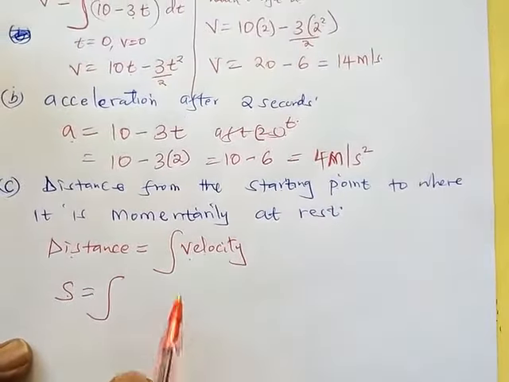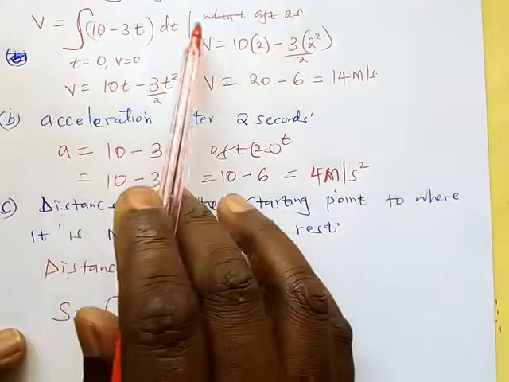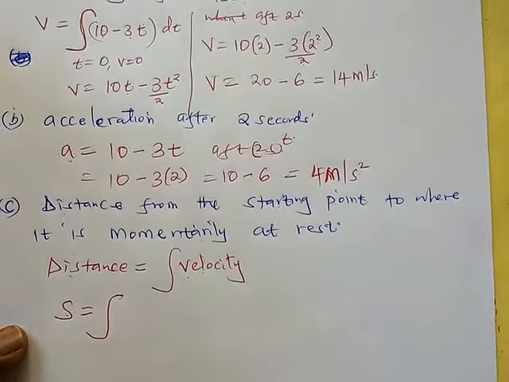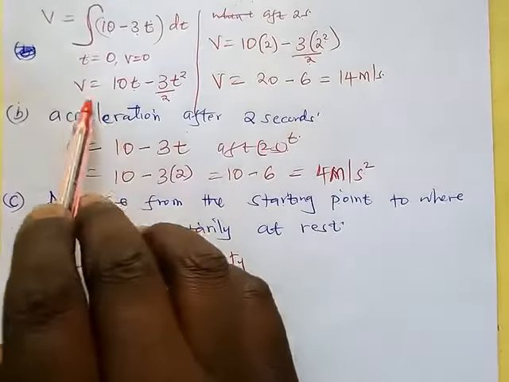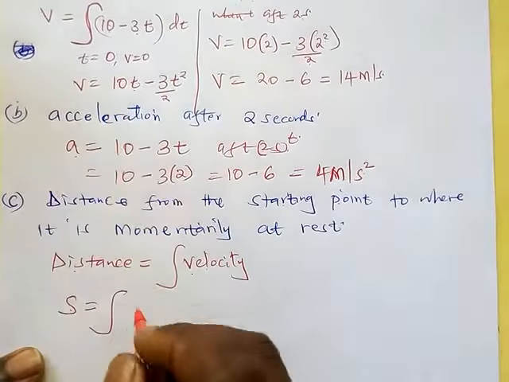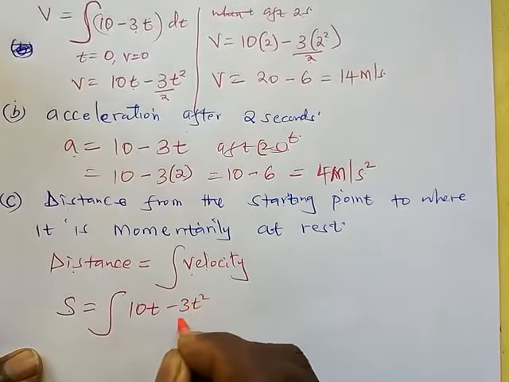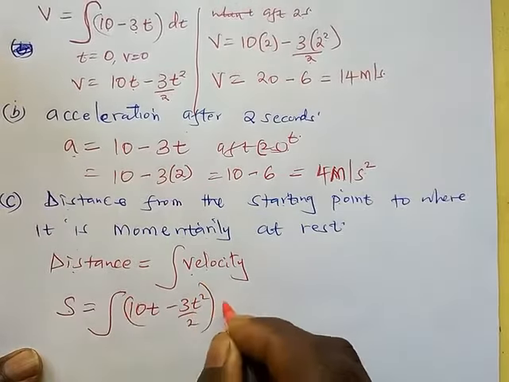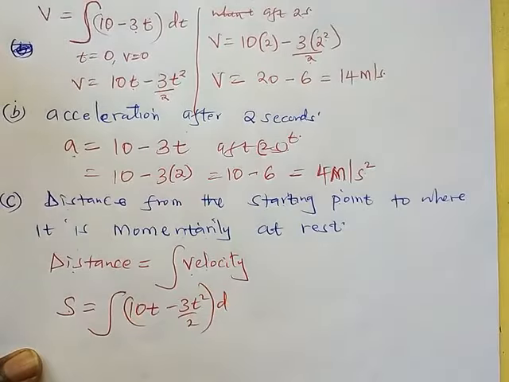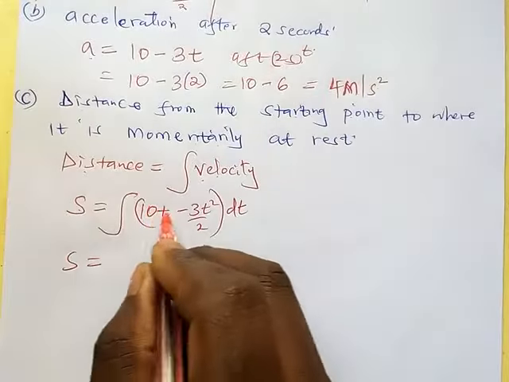But we have velocity. Do we have velocity? Yes, we have velocity. Our velocity is 10t minus 3t squared over 2. So we are integrating 10t minus 3t squared over 2 dt. Therefore, s equals, now let us integrate this one.